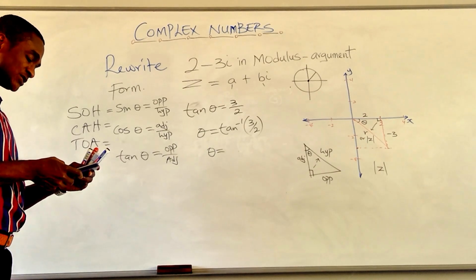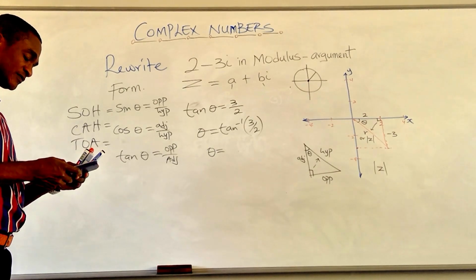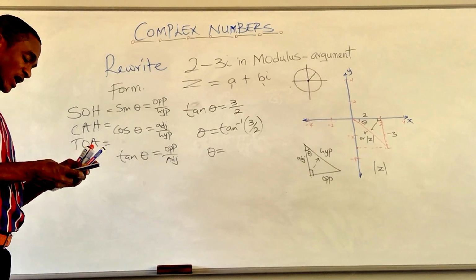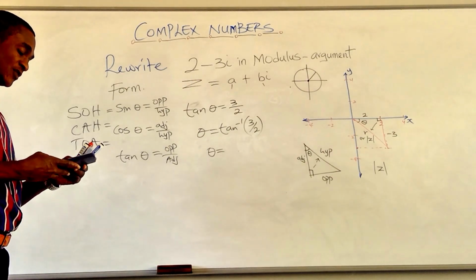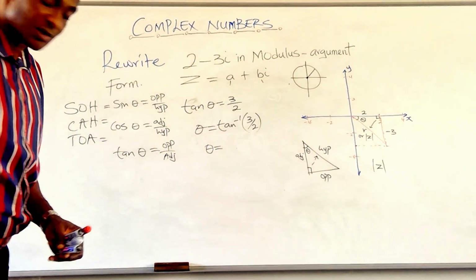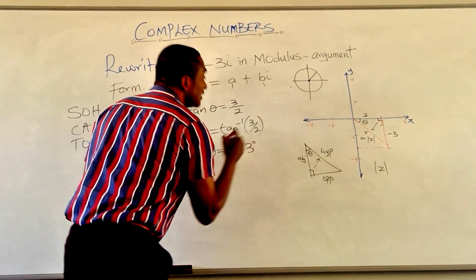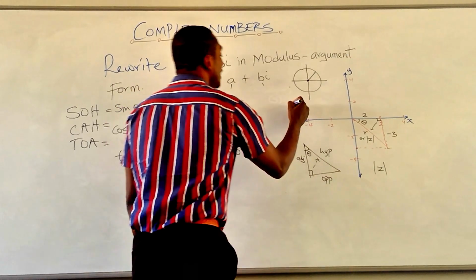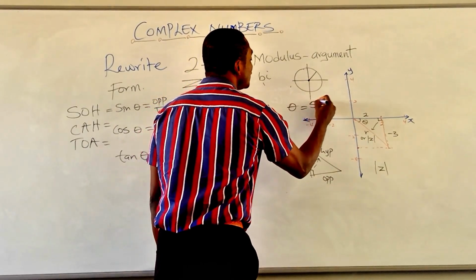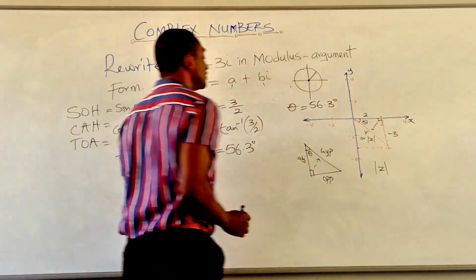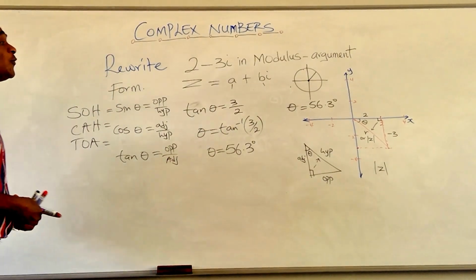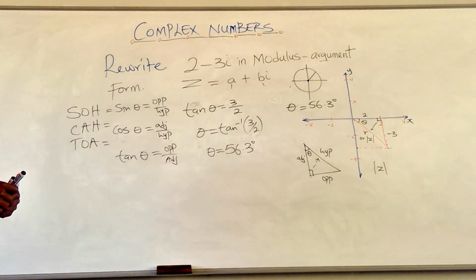So the inverse tan of 1.5 will give us 56.3. So our argument is 56.3 degrees.